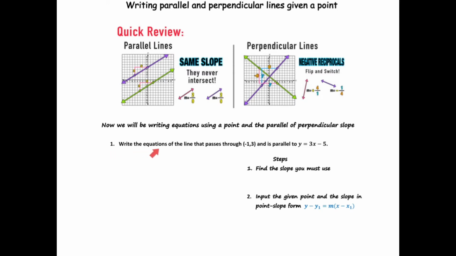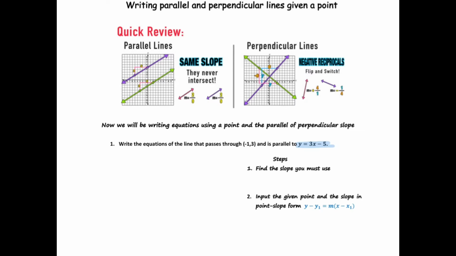We need to write the equation of a line that passes through the point (-1, 3), and it's parallel to y equals 3x minus 5. So we're going to follow two simple steps. Step number 1, we're going to find the slope that we must use. In this case, I have my equation y equals 3x minus 5.